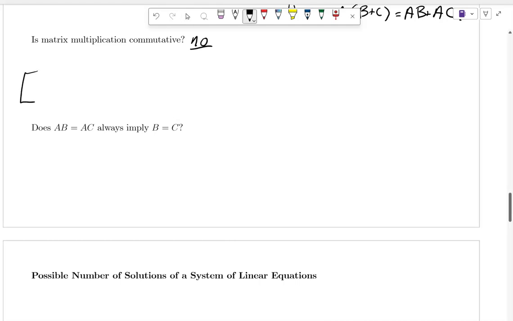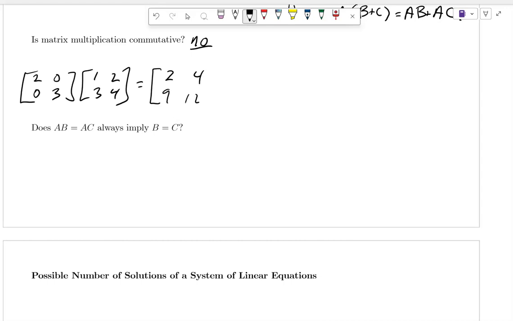just to illustrate, if I do, say, the matrix [2, 0; 0, 3] and multiply it by the matrix [1, 2; 3, 4], what do we get? Notice that the 2 basically multiplies the first row by 2, and the 3 multiplies the second row by 3, right? This is where I place the zeros.